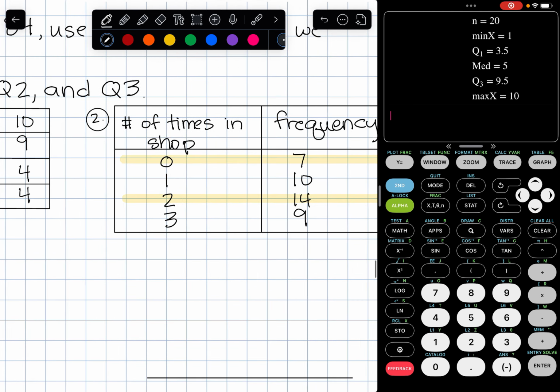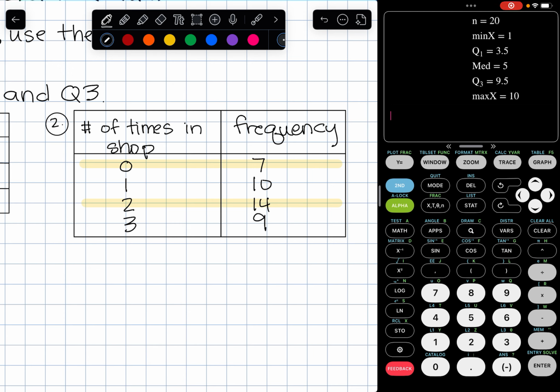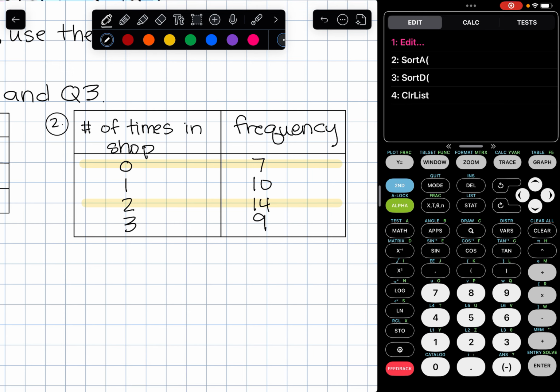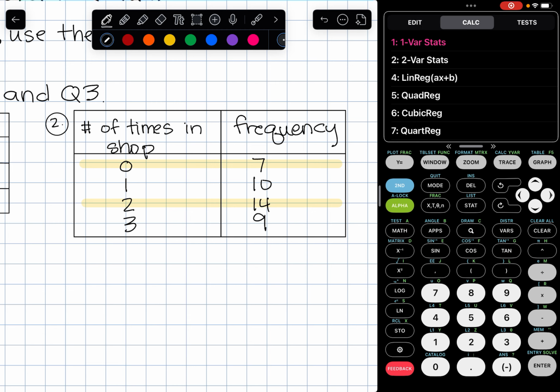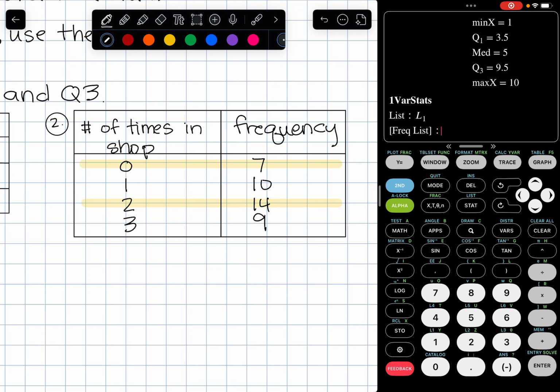All right, we're going to do the exact same thing for our frequency table. If I go back to my stat edit menu, I can see that that frequency table is already in list 1 and list 2. So we're going to go stat, calc, 1-Var Stats. My list is L1, my frequencies are L2. And here I can see that my first quartile is 1.